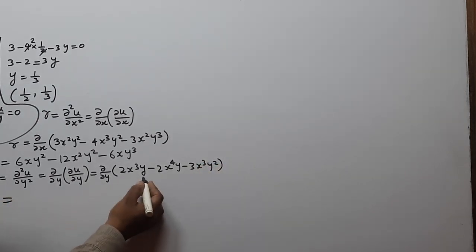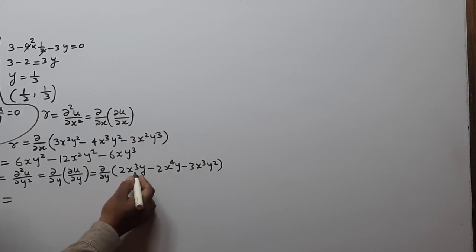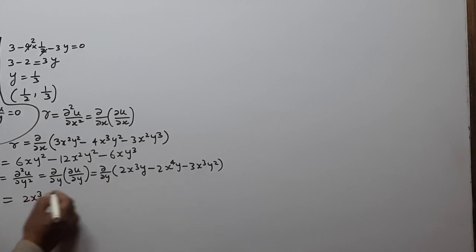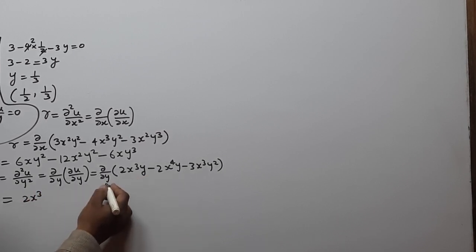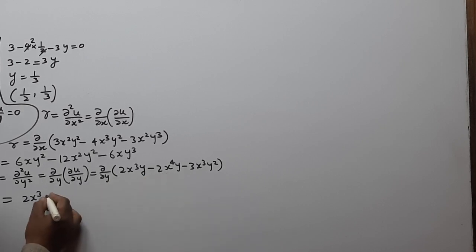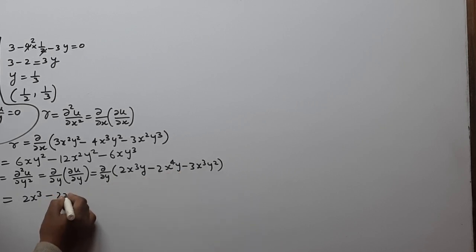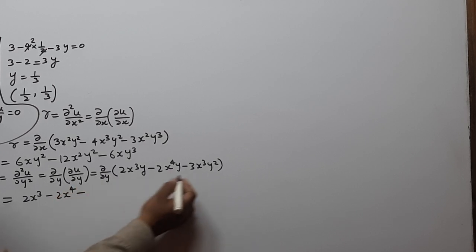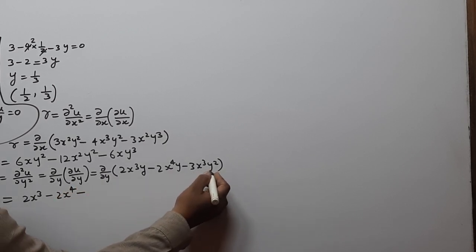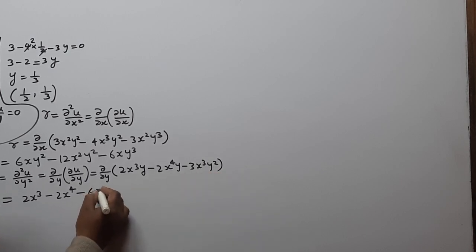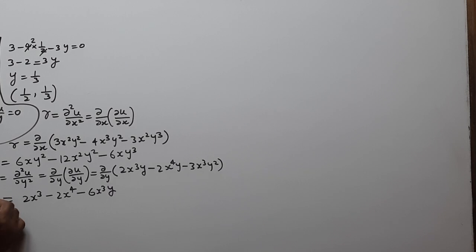Here when we differentiate 2x cube y partially with respect to y, 2x cube is constant here, and differentiation of y with respect to y is 1. Here differentiation of y is also 1, so here 2x to the power 4 minus here differentiation of y square with respect to y is 2y, so this becomes 6x cube y, this is t.